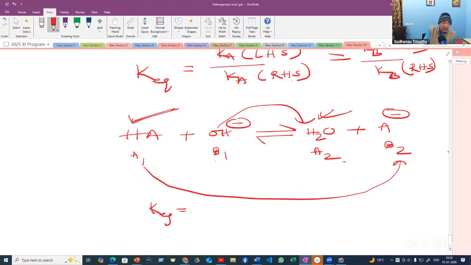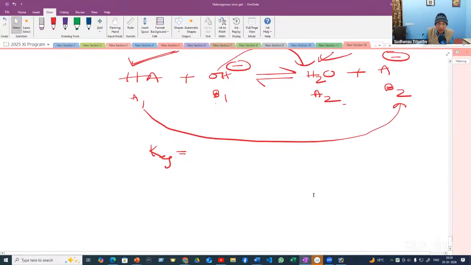Kw is 10 to the minus 14? Are you kidding me? Dissociation constant, not ionic product. I told you that water gives you H plus and OH minus.